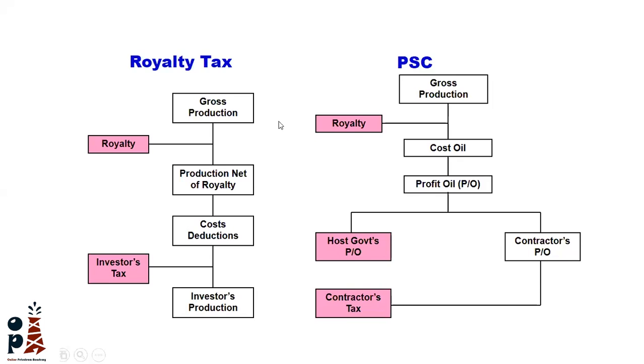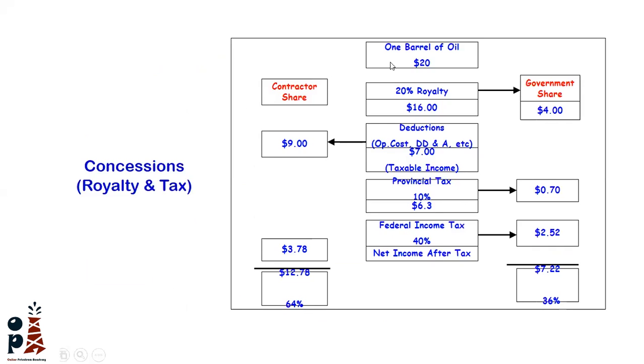If we take an example of our concession contract with numbers, if 1 barrel of oil's price is $20, then we have a 20% royalty, which means $4 to the government. So now we have 20 minus $4, which is $16, and then we pay the deduction of costs.